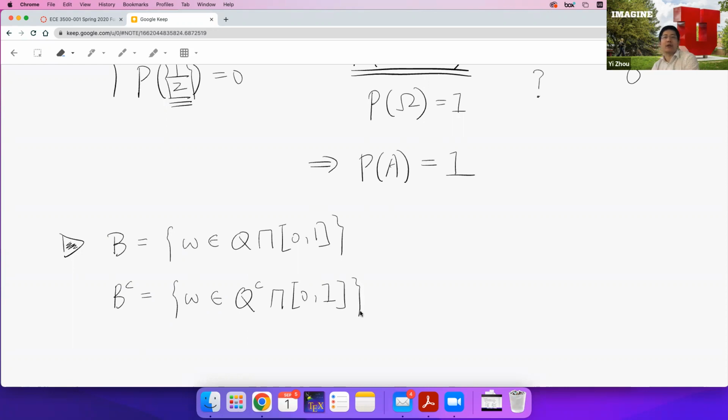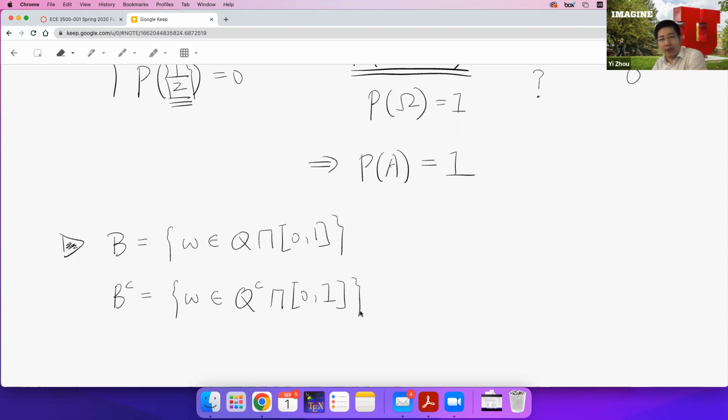Right. So basically, when you randomly pick a point within this interval, you may get either a rational number or an irrational number. So the question is, what are the probabilities of these two events? How likely you will pick a rational number and how likely you will pick an irrational number? This question is actually very challenging in mathematics.